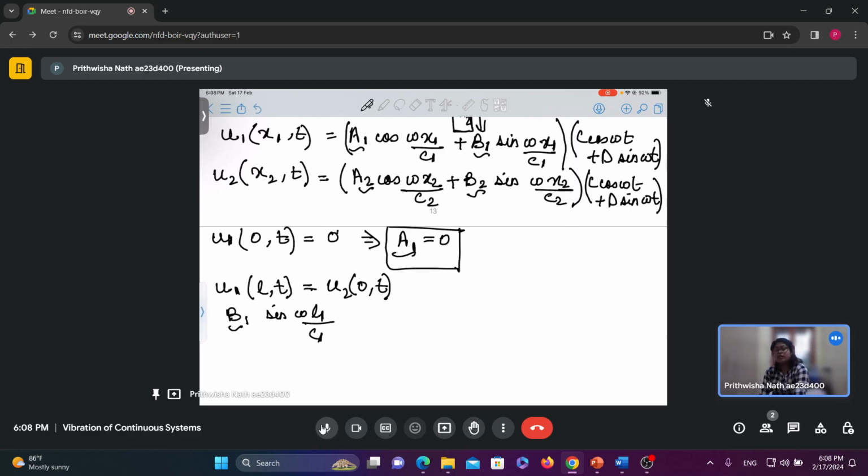The second part of the equation gets cancelled for both the cases, so I am not writing that. And for the second equation, u2 at x2 equals 0, the sine terms become 0. So we are left with a2. This is another condition.